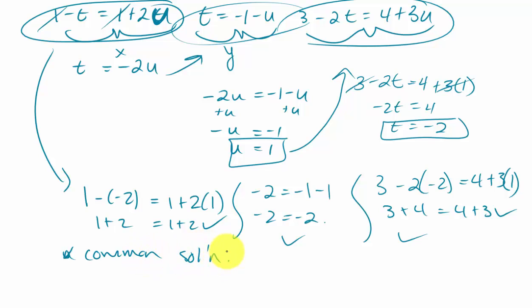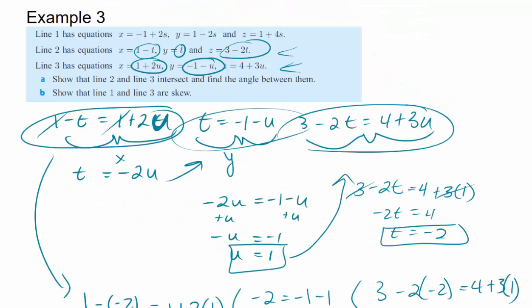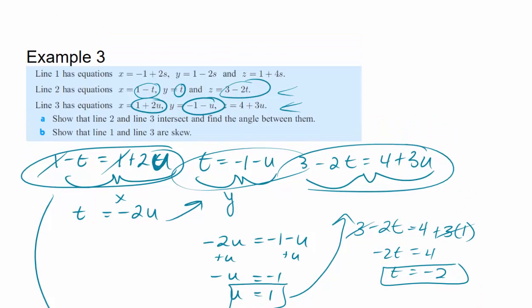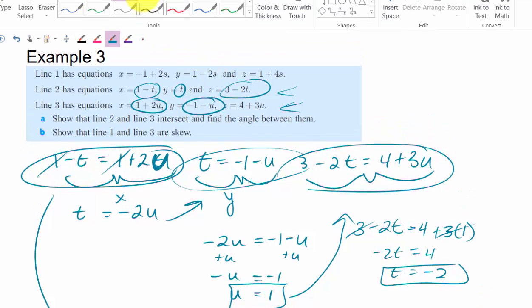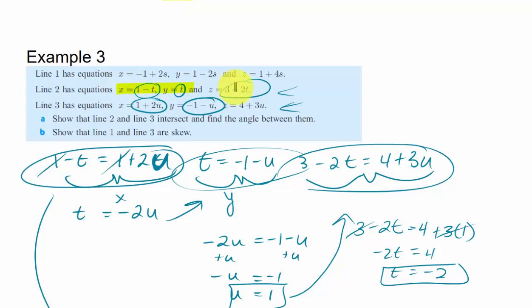So that means that we can go ahead and actually solve for the point. I'm going to find this point by coming back and plugging those values into, let's say, line 1. So x is equal to 1 minus -2, which is 3.